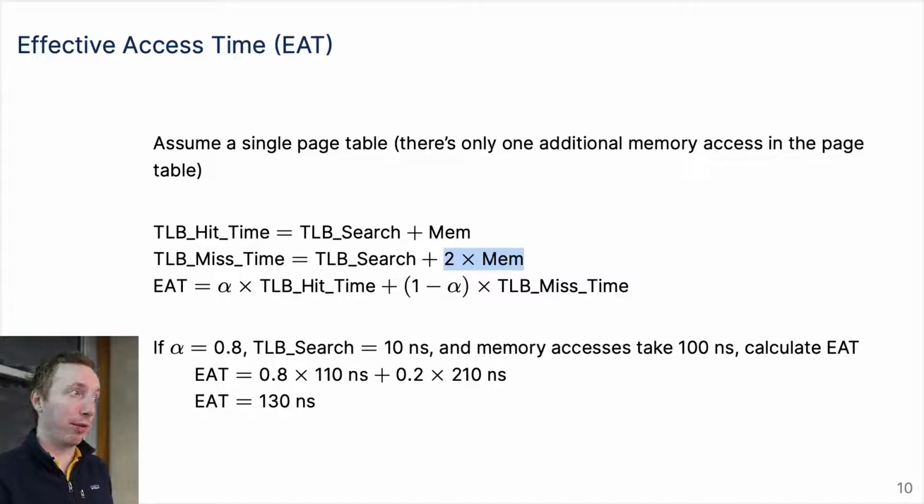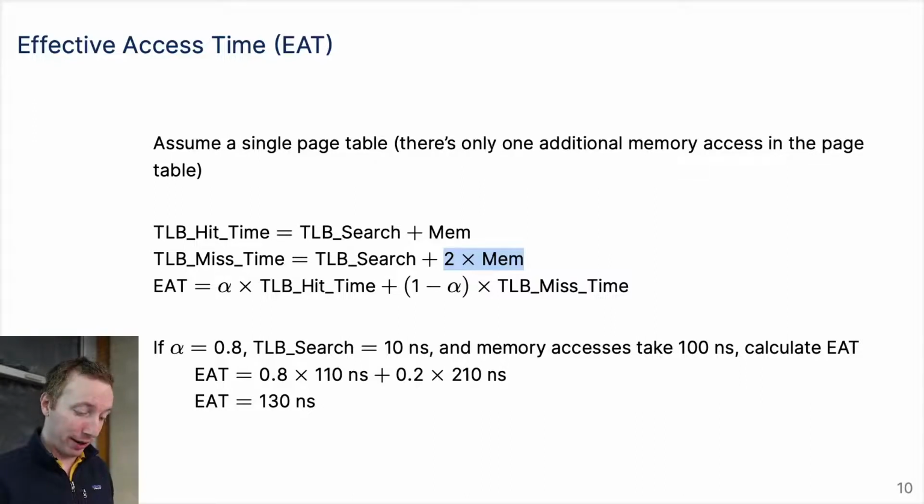If there's 3 levels of page tables, then we have our original memory access, which is 1, and then you have 1 memory access for each level of page table. So there'd be 3, and then plus the original one, so it'd be 4. This is the case where there's only a single page table, so it would be the original memory access plus a page table access.